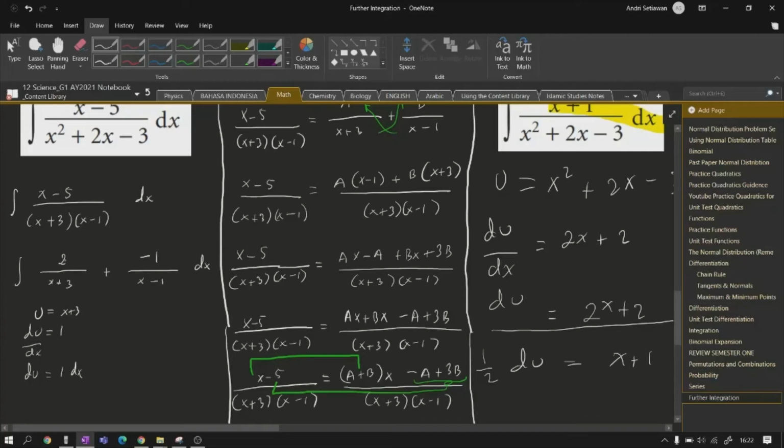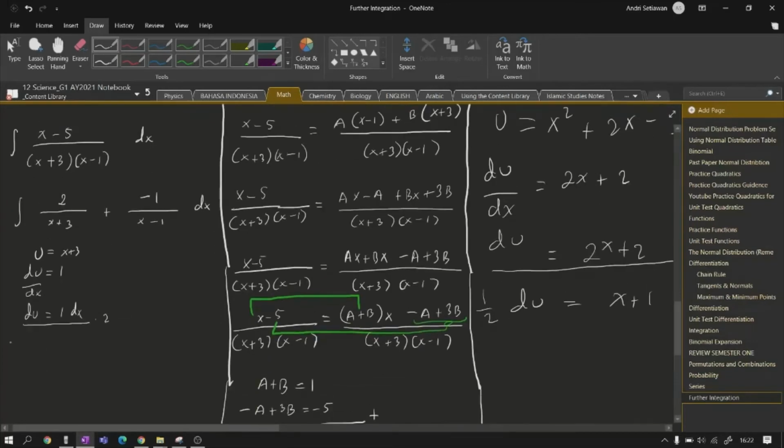Since we need 2 dx, we have to multiply by 2, so we get 2 du equals 2 dx. We can break it apart like this: integral of 2 over x plus 3 dx plus minus, to become minus, integral of 1 over x minus 1 dx.